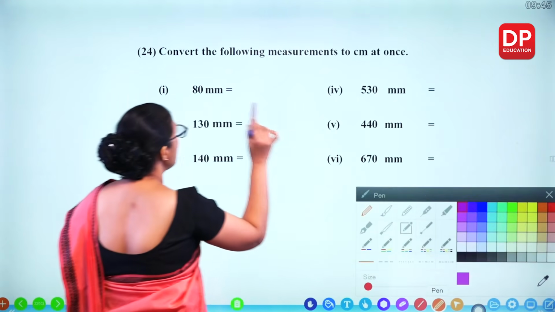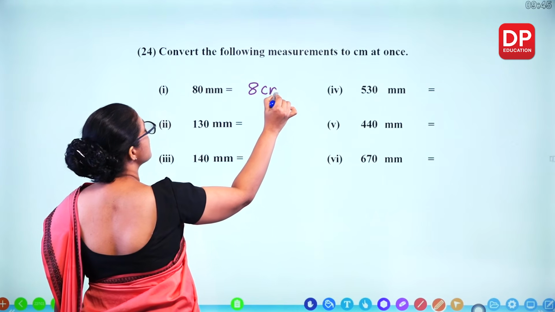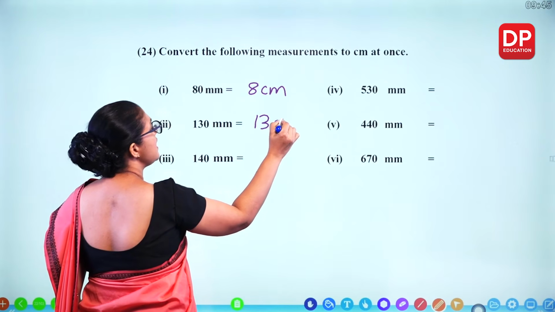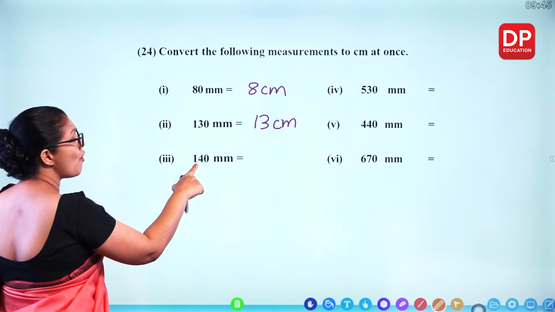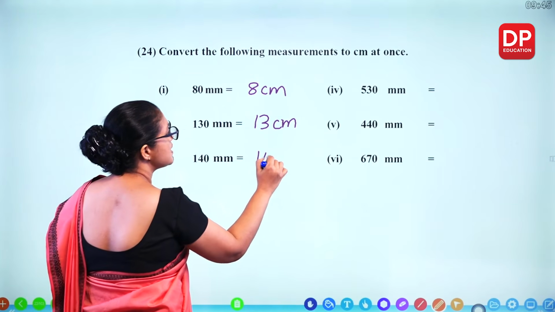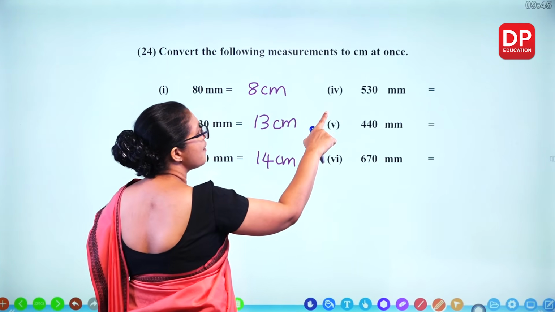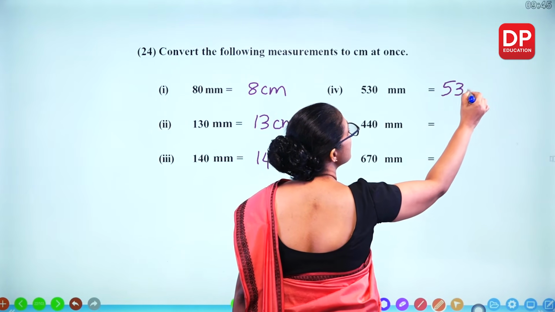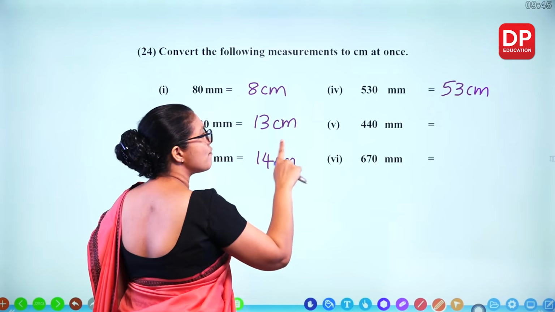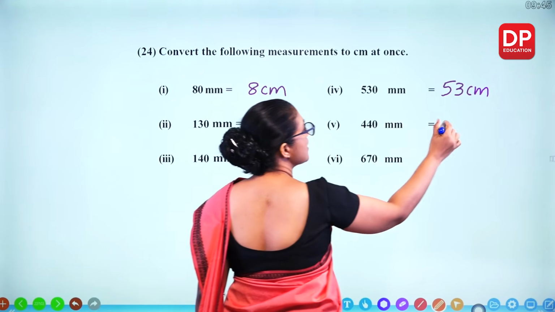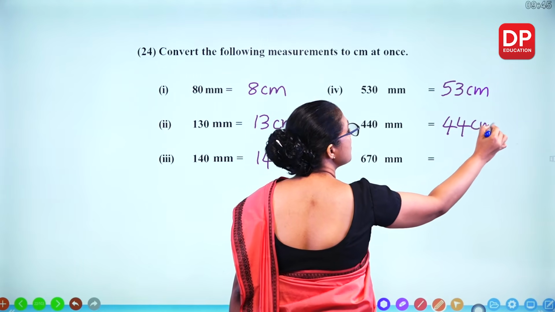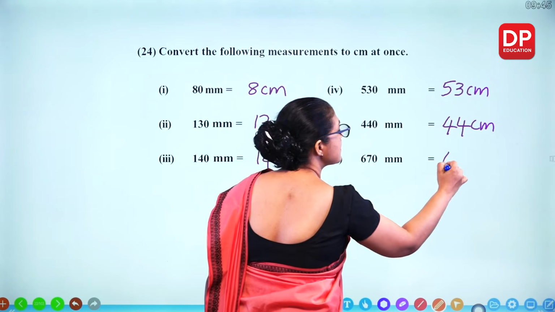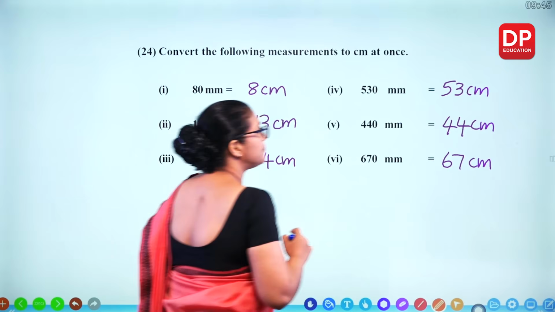What's the value? 80 divided by 10, that's 8 centimeters. 130 divided by 10. 0 gets cancelled out. 13 centimeters. 140 divided by 10, 14 centimeters. 530 divided by 10 means 0 gets cancelled out. 53 centimeters. 440 divided by 10, 0 gets cancelled out. 44 centimeters. 670 millimeters divided by 10, 67 centimeters.